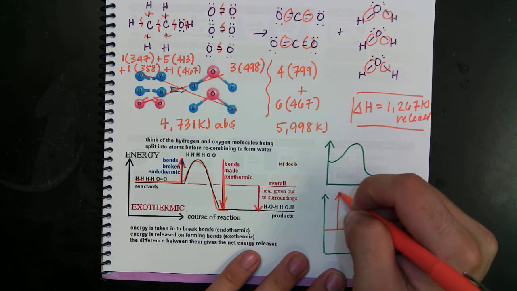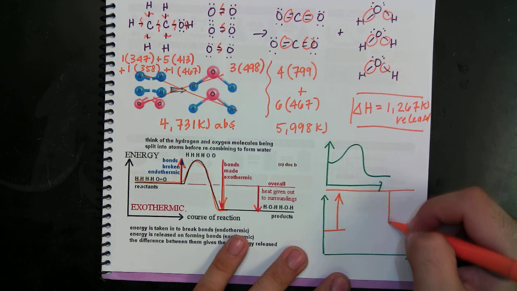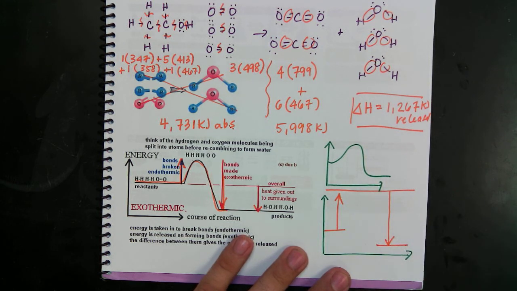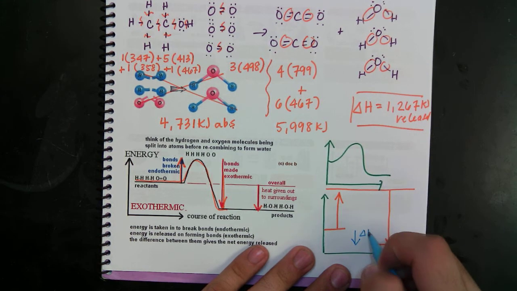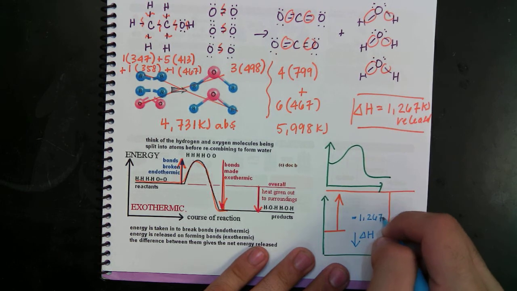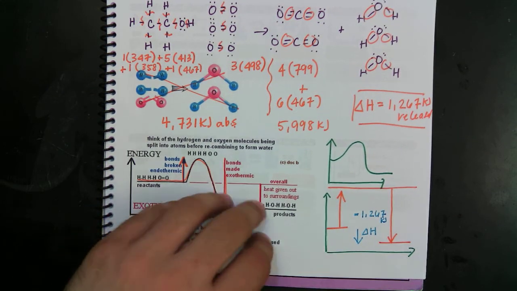They absorbed 4,731 kilojoules of energy, but we got back 5,998 kilojoules of energy, and the difference between the two is your delta H, or the net energy, which is 1,267 kilojoules of energy. So you can show the diagram like that. Either of those two ways is fine.